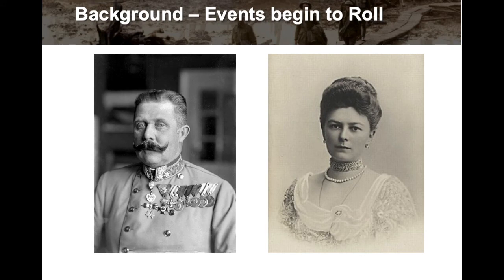That is Archduke Franz Ferdinand on the left and his wife Sophie on the right. And there's been a lot of study on this marriage. And this was a marriage of, not trying to get too romantic on anybody here, true love. These two, the Archduke and his wife Sophie, they truly loved one another.